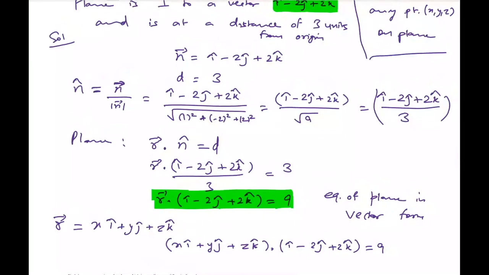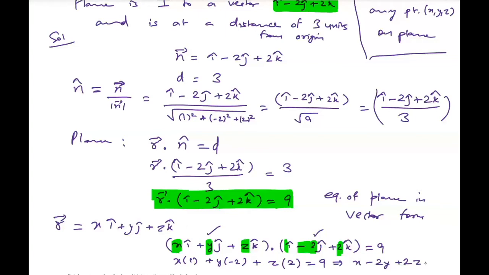We just multiply their corresponding DRs and take their sum. So x multiplied by 1, then y multiplied by minus 2, plus z multiplied by 2, equals to 9, which is nothing but x minus 2y plus 2z equals to 9.